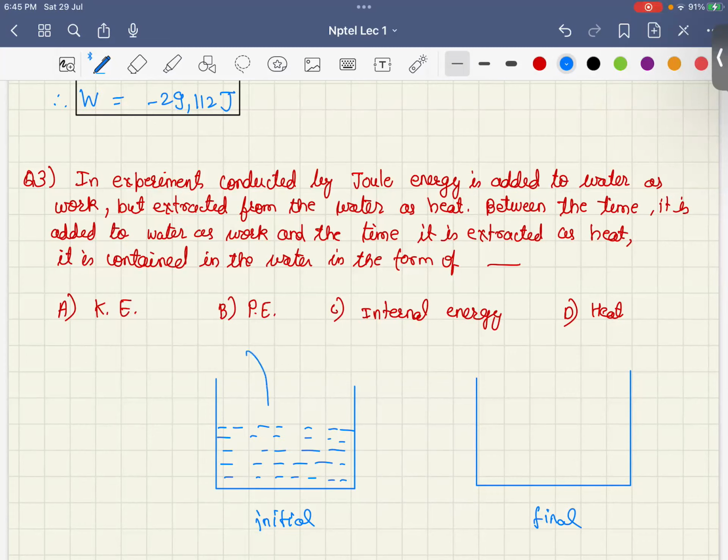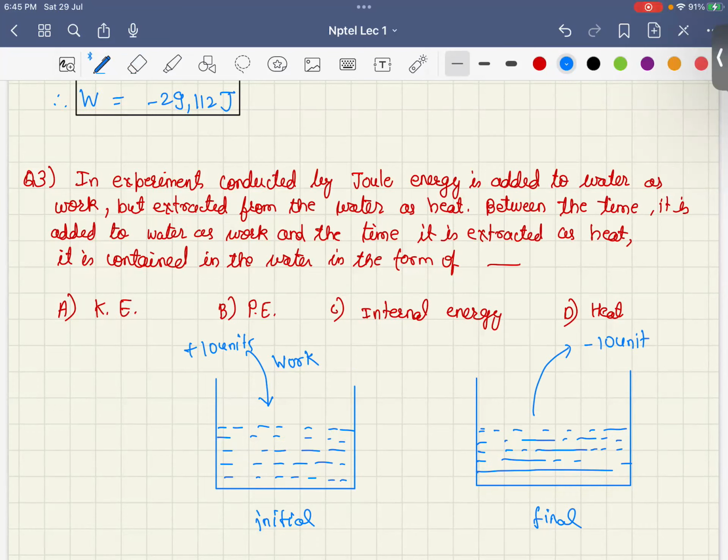We are adding work into the system, right? Let's say, for example, we are adding 10 units of work, and similarly, after some time, 10 units of work are extracted in the form of heat.